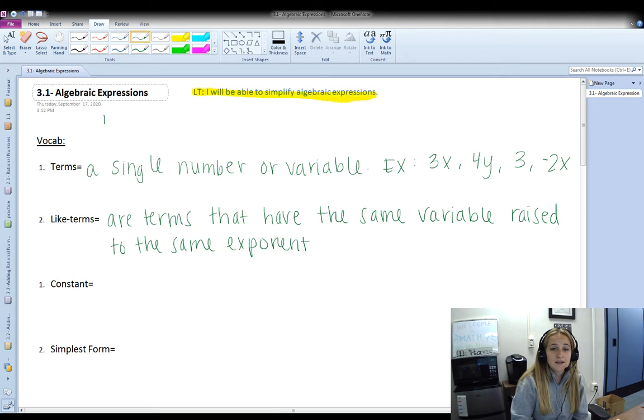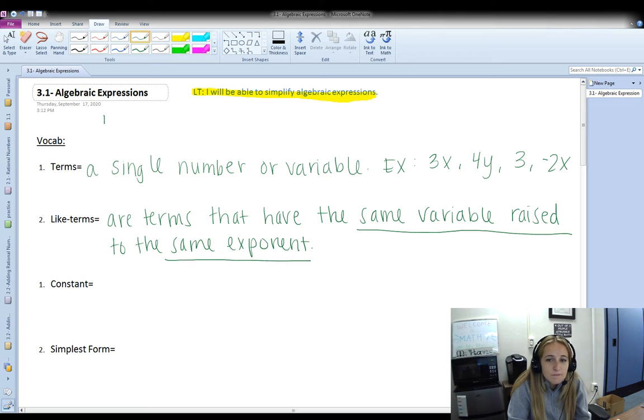All right. So, like terms, you're going to be using this for the rest of your math career. So, we got to know what like terms are. Remember, you 100% need to have this definition down in your notebook. It's the same variable raised to the same exponent. So, same variable, same exponent. That is crucial for like terms.